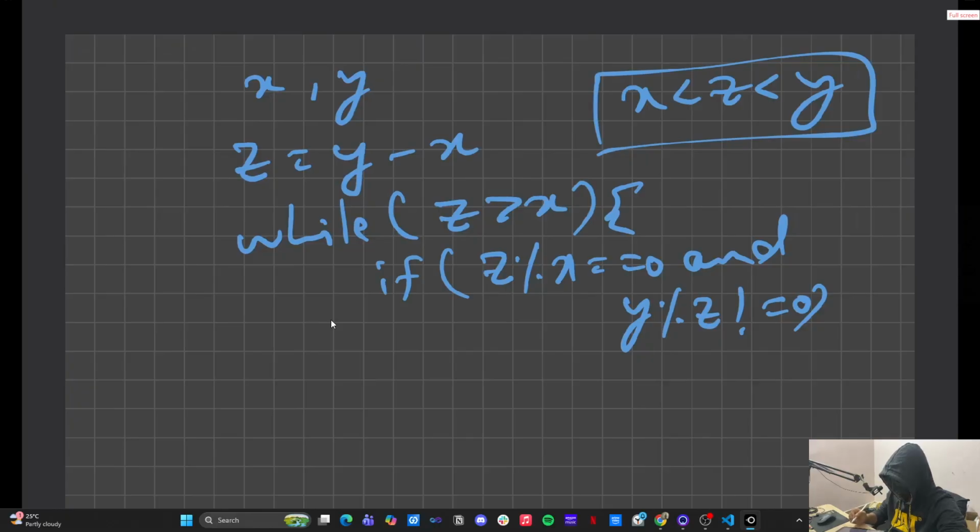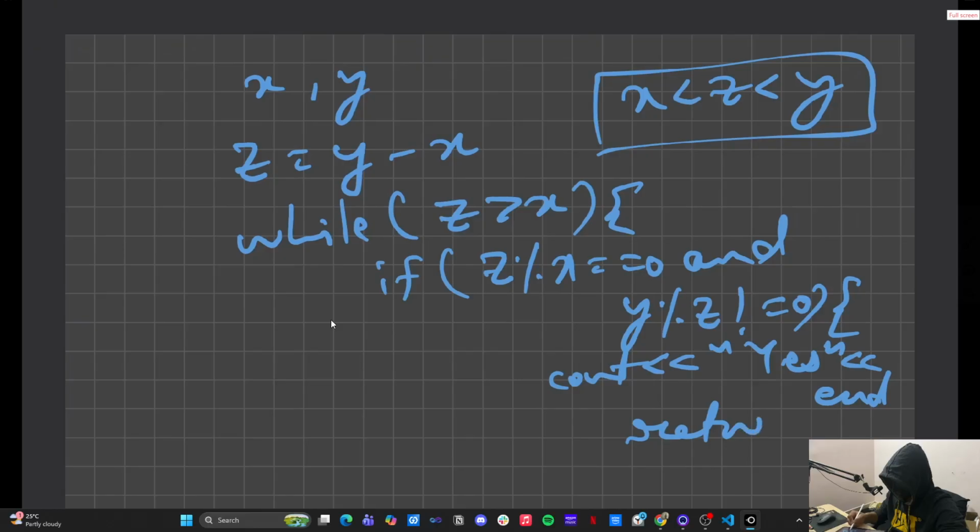If this condition is holding, which means all three conditions are holding, you need to print yes and then return. If these conditions are not holding, then again your z will be z minus x, x distance backward we'll move.